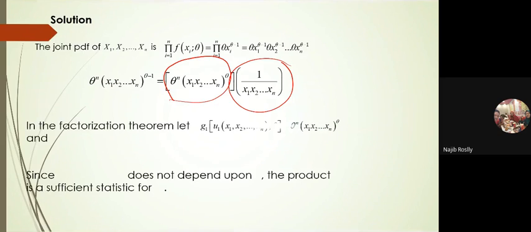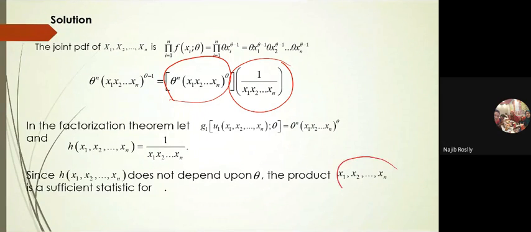Based on the factorization theorem, in this case the product of x1, x2, ..., xn is a sufficient statistic for theta. Sometimes we write it like this: let T(x) be just the product of xi. So this is your sufficient statistic.